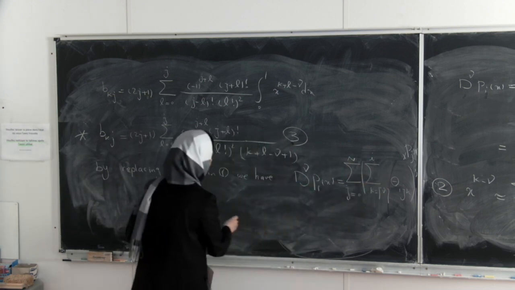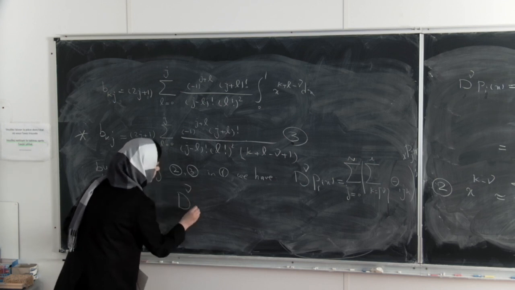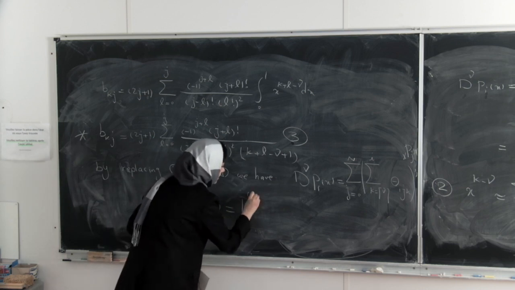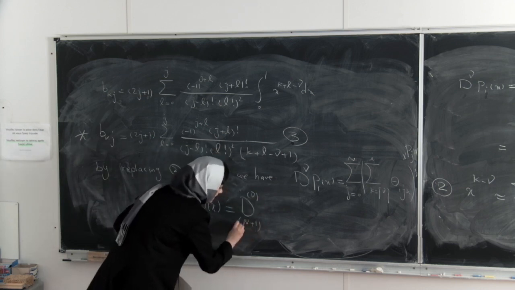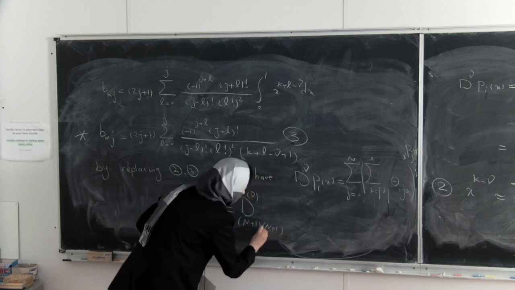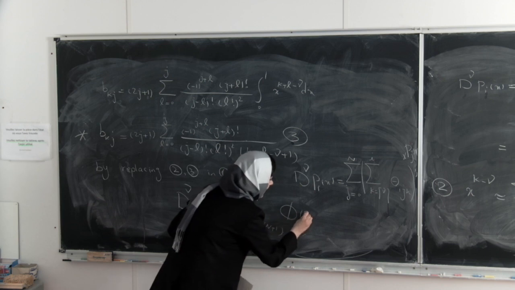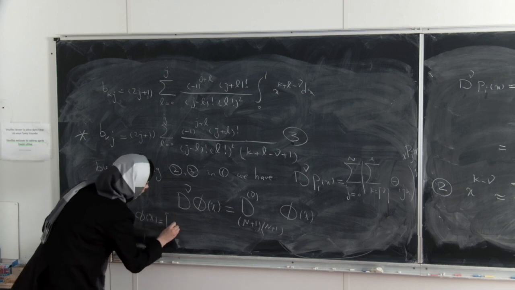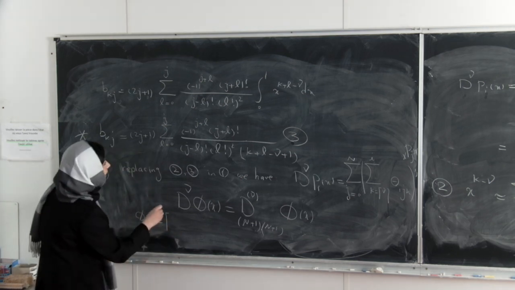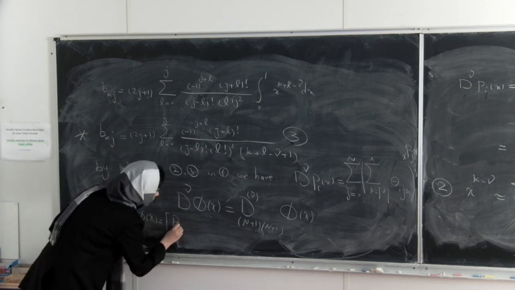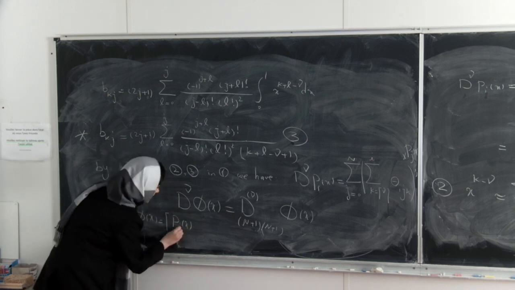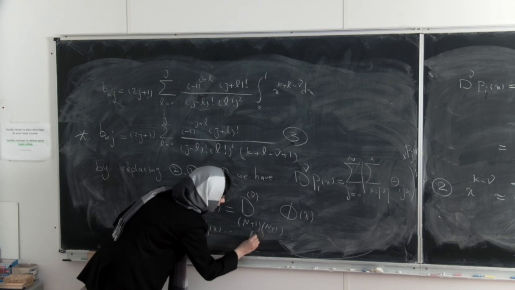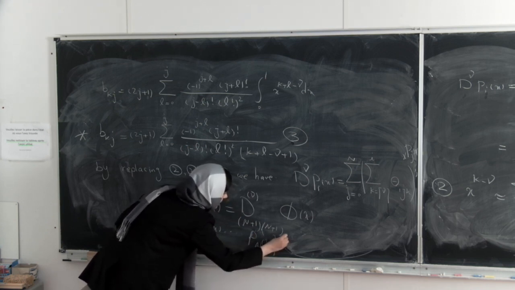So here we can write D nu of phi of x equals D nu, a matrix of order n plus 1 times n plus 1, times phi of x. Phi of x is the vector of Legendre polynomials P0 of x, P1 of x, until Pn of x, transposed.